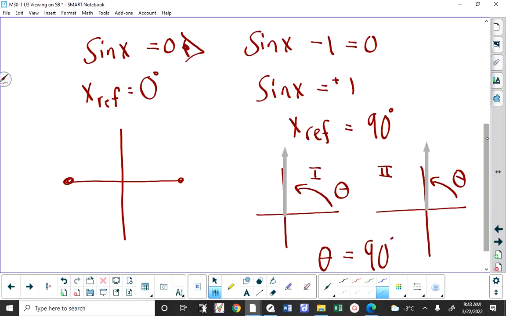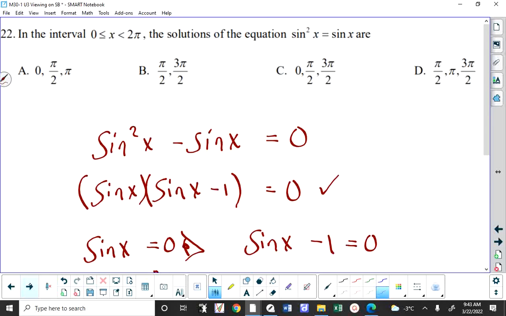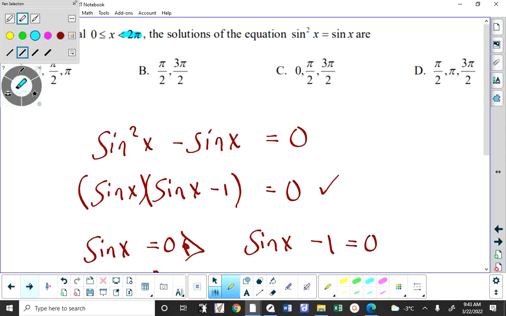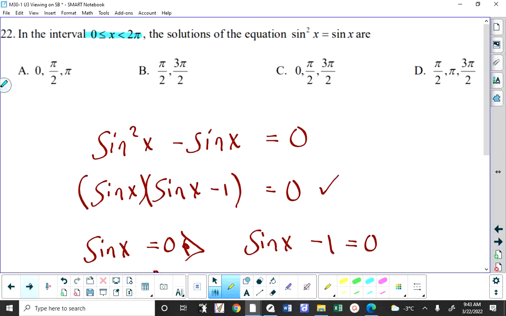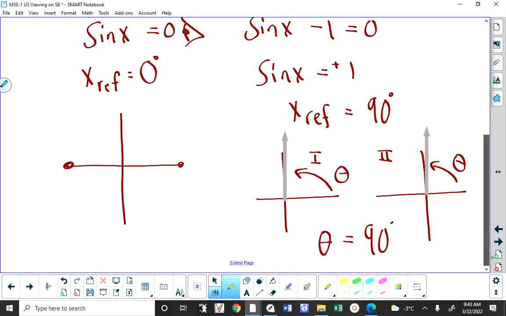Anyway, from 0 to 2 pi, and I need to look at this question here, it includes 0, but it does not include 2 pi, right? According to this, this position here can be labeled as 0 rads.